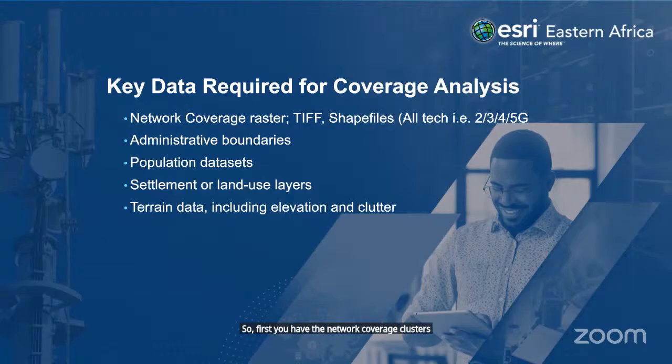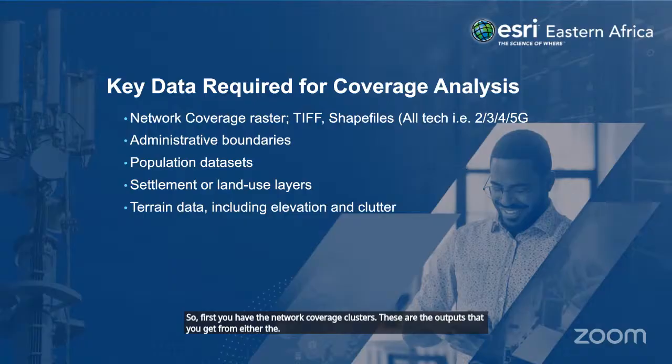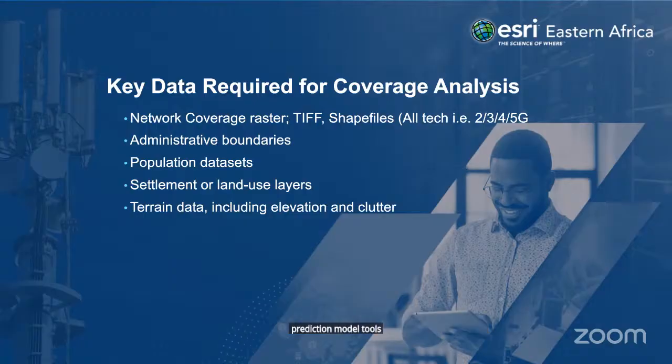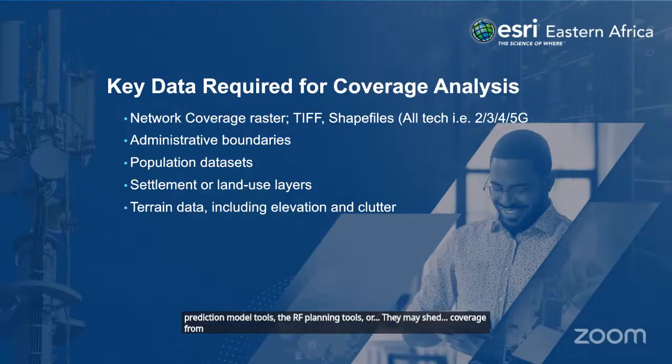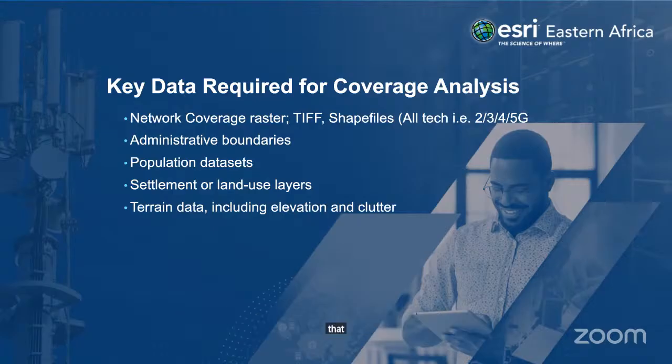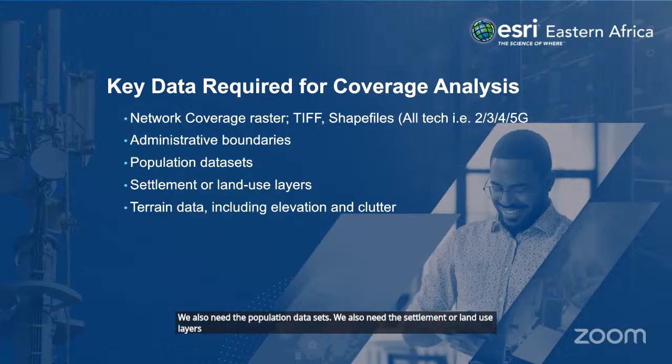These are the outputs that you get from either the prediction model tools, the RF planning tools, or the measured coverage from the various tests that we had mentioned earlier. We also require the administrative boundaries. We also need the population data sets. We also need the settlement or land use layers. And lastly, terrain data, including elevation and clutter.